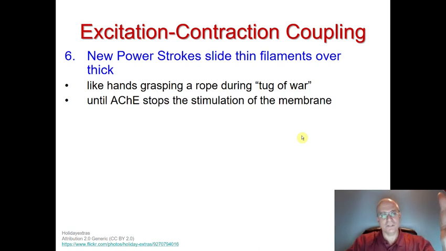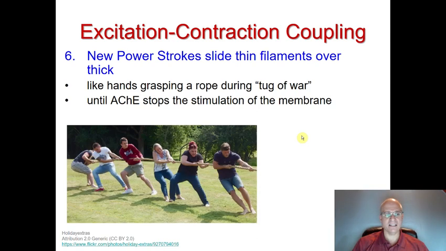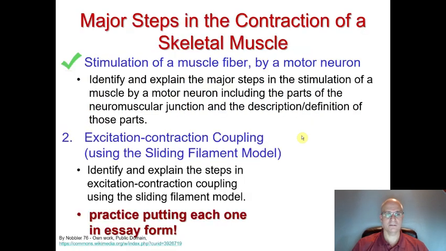They're going to continue to make cross bridge, power stroke, recovery stroke, cross bridge, power stroke, recovery stroke again and again and again, like these folks are doing here, until acetylcholinesterase stops the mechanism here. So it stops our action potential down the muscle fiber. It's going to stop calcium and allow for repolarization to occur.